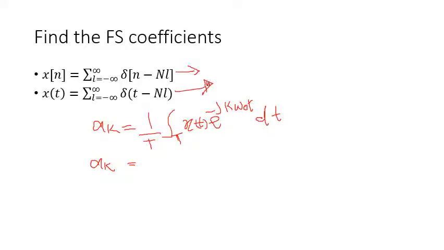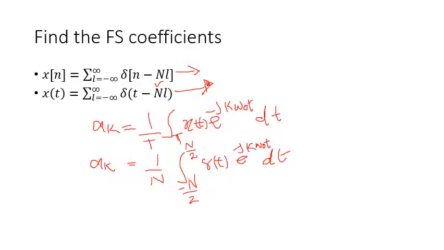If you plot it, you will understand that it has period N. So it will be 1 by N, and then we integrate over one period, for example from minus N by 2 up to N by 2, of the impulse δ(t) e^(-jkω0t) dt.